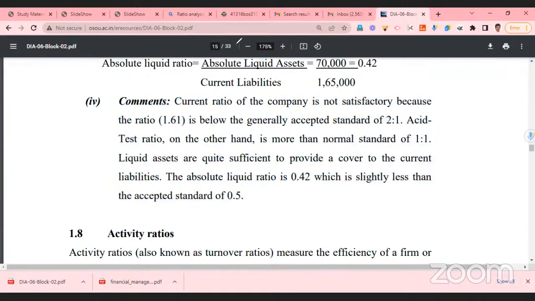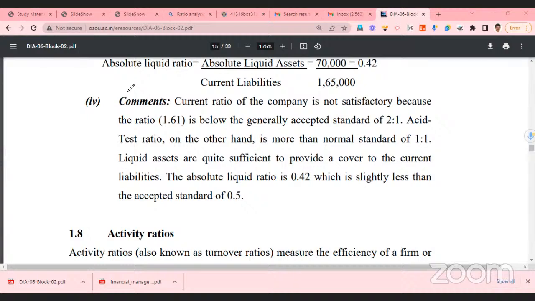Current ratio of the company is not satisfactory because the ratio 1.61 is below the generally accepted standard of 2:1. Acid test ratio, on the other hand, is more than the normal standard of 1:1. Liquid assets are quite sufficient to provide a cover to the current liabilities.